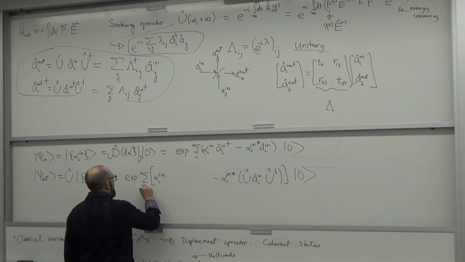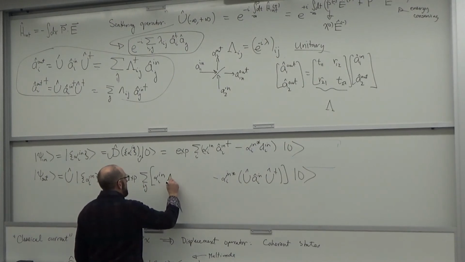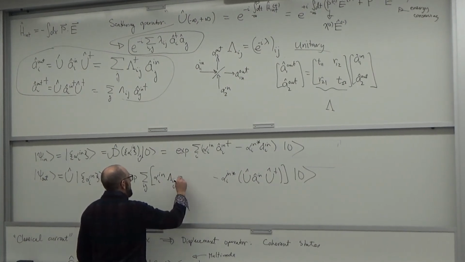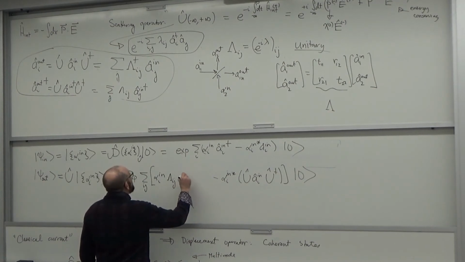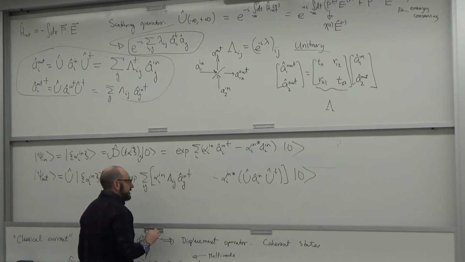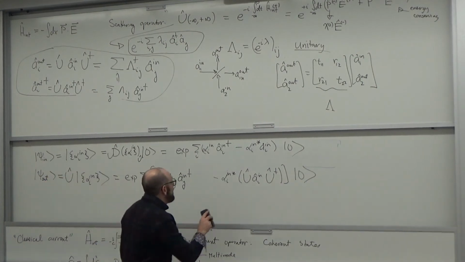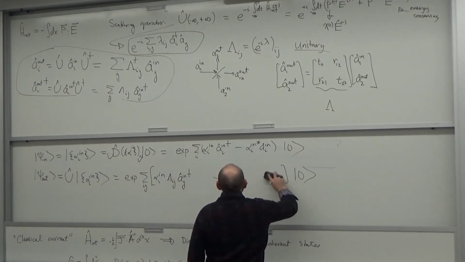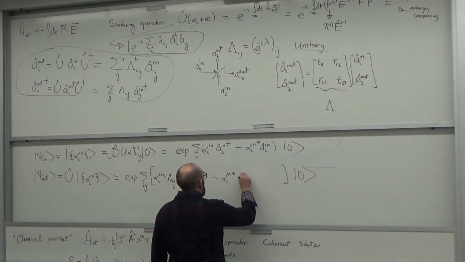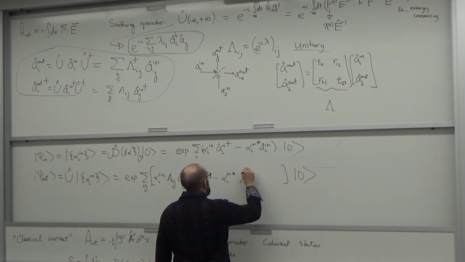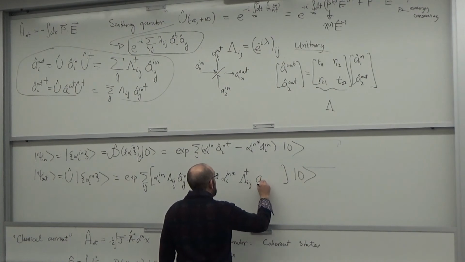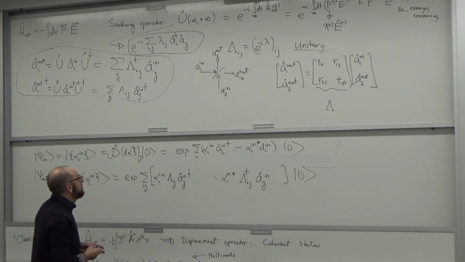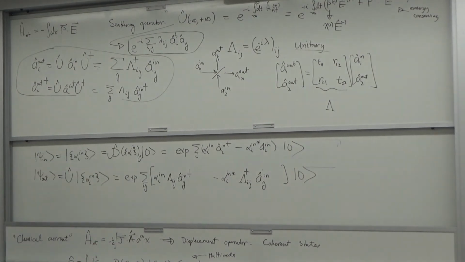I'm going to put the sum outside. Lambda ij a_j in dagger. And this guy is written up there. Alpha_ij dagger a_j in. All right.